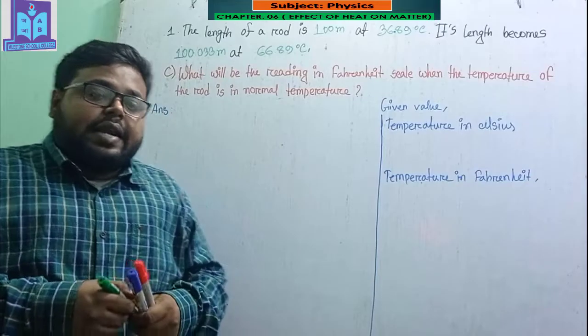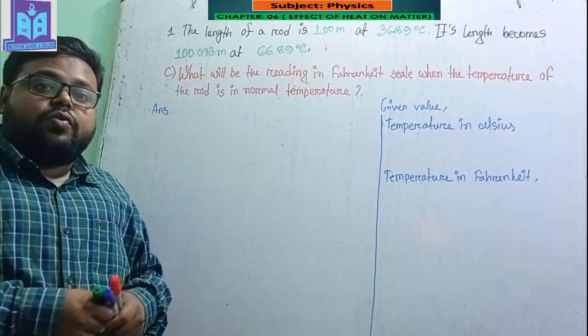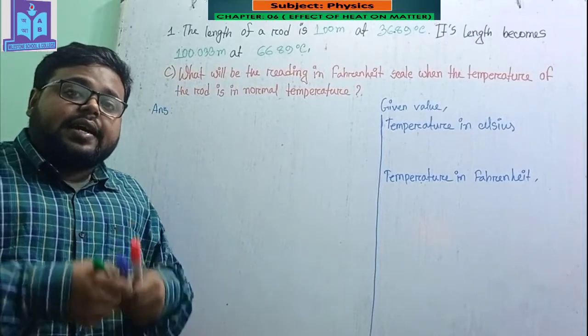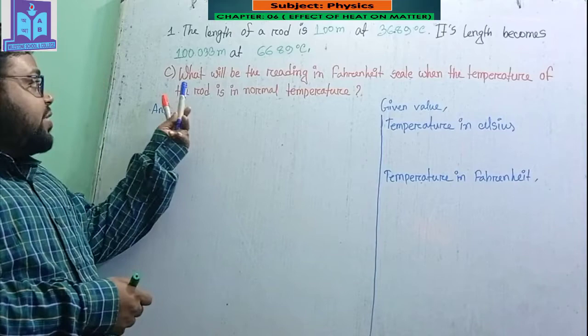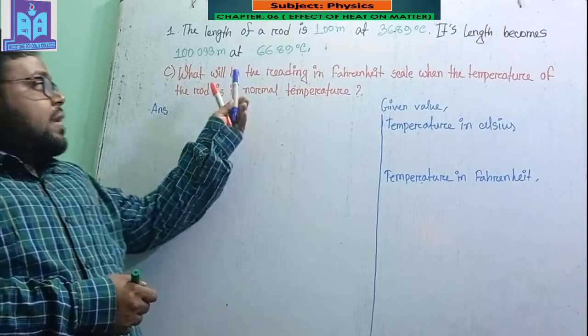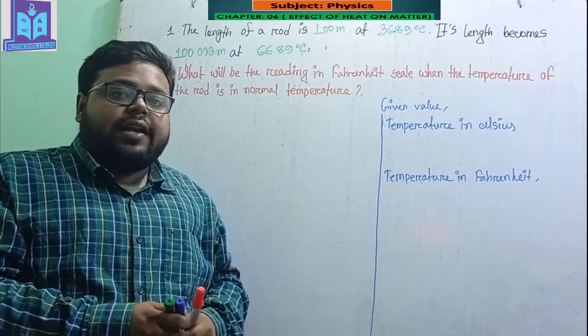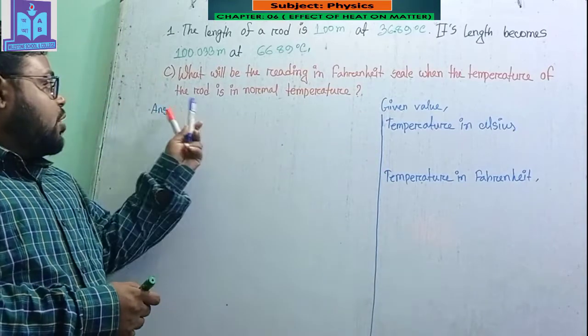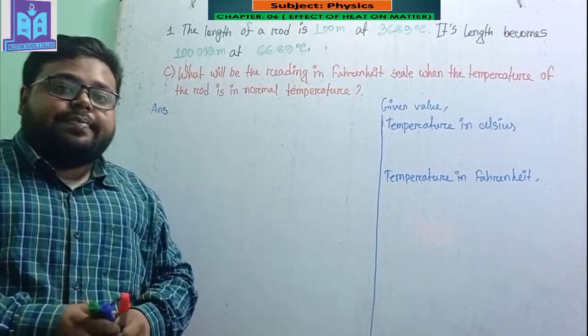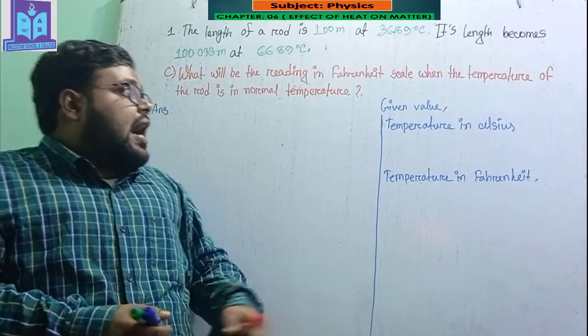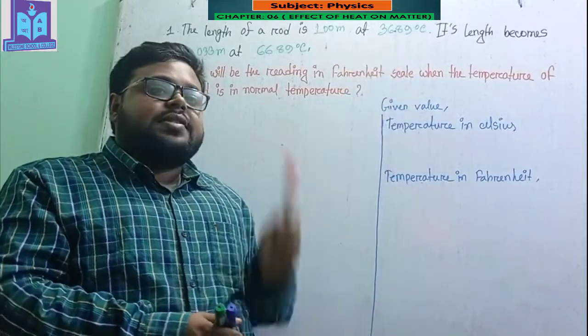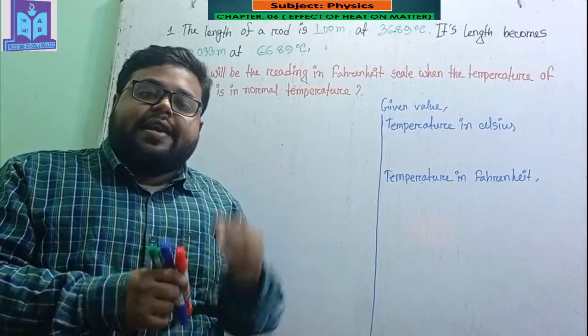Dear student, here you can see that this is our number C question. And the question is, what will be the reading in Fahrenheit scale when the temperature of rod is in normal temperature? That means I have to convert this Celsius scale to Fahrenheit scale.